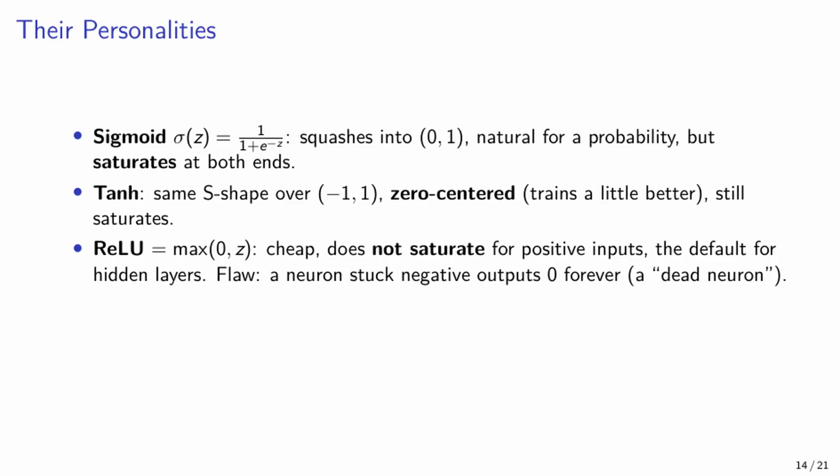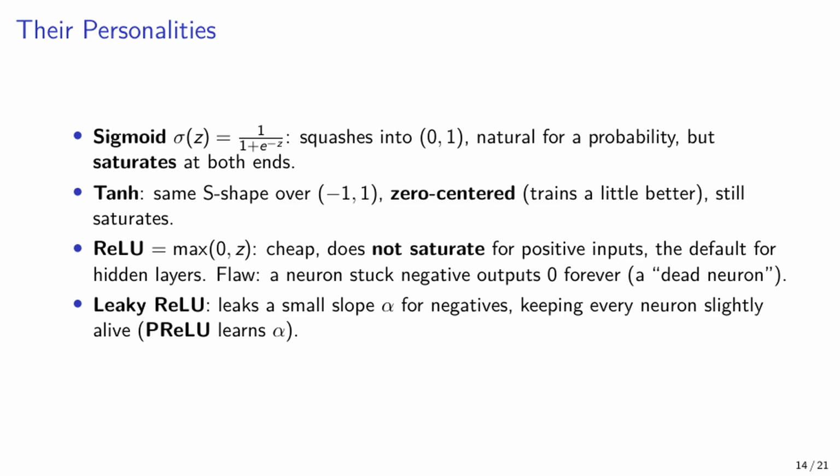It is cheap, and it does not saturate for positive inputs, which is why it is the default for hidden layers. Its one flaw: a neuron stuck on negative inputs outputs 0 forever. A dead neuron.